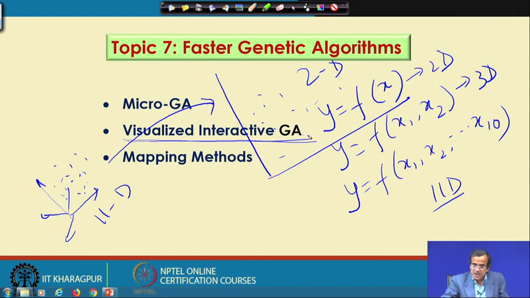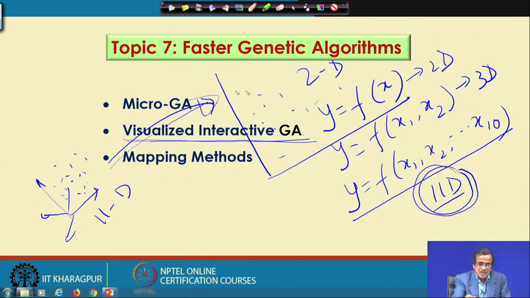Supposing that GA is working in a higher dimensional space, trying to find the optimal solution in 11 dimensions. 11 dimensions we cannot visualize, so this 11 dimensional data is mapped to a lower dimension, either 2D or 3D, for the purpose of visualization.